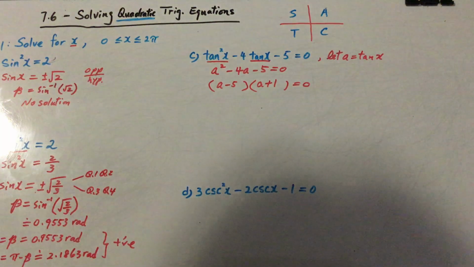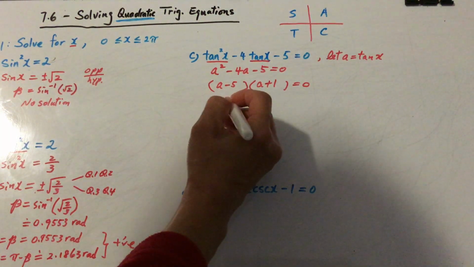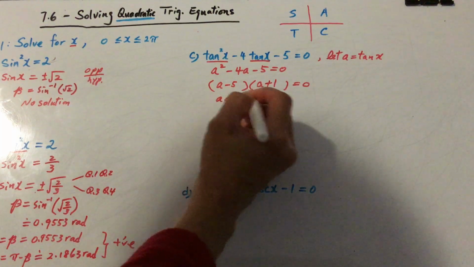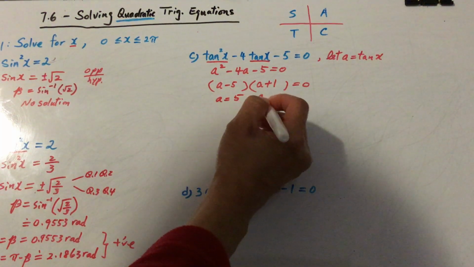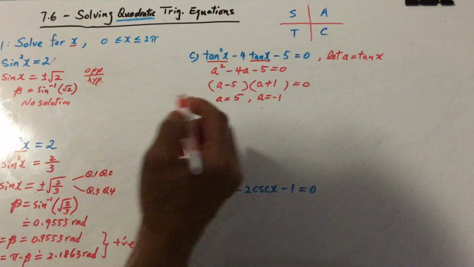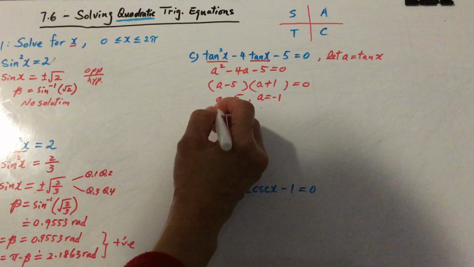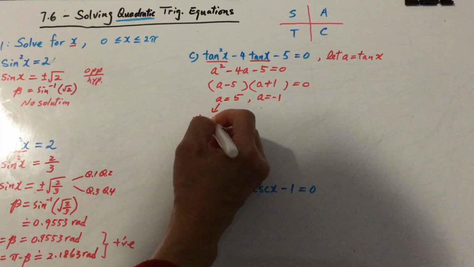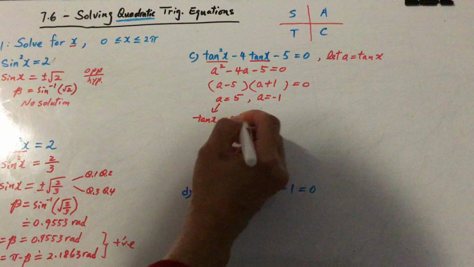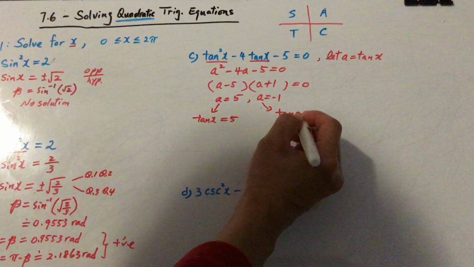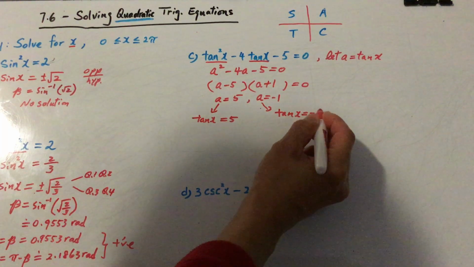So a minus 5 is equal to 0, so a must be equal to 5, or a must be equal to negative 1. But because a, in fact, is equal to tangent of x, you can replace this back: tangent of x is equal to 5, and tangent of x is equal to negative 1.